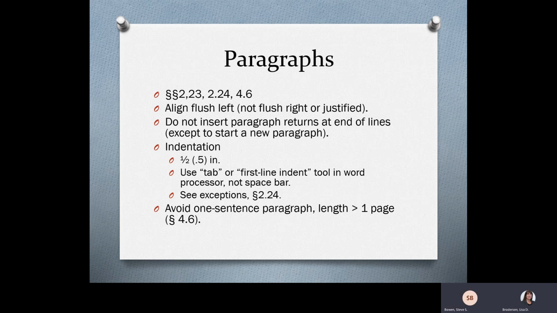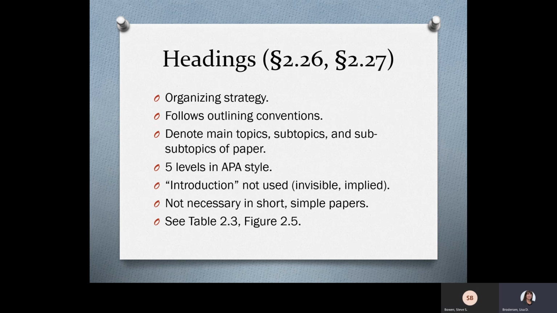Okay, so headings are a good organizational strategy for papers that are relatively complex. And APA describes headings in sections 2.6 and 2.27. There's 5 levels of headings in APA style, and they follow outlining conventions.